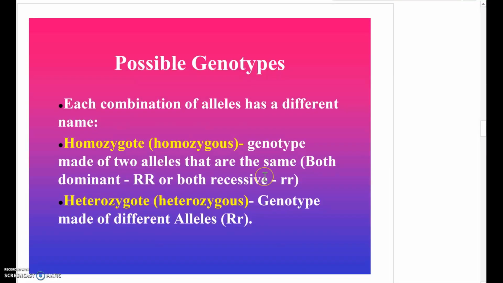Now, every individual has 2 alleles for a particular gene, and we said that we refer to the genotype of an individual as the combination of alleles that they have, or an expression of the versions of the gene that they have at a particular location.